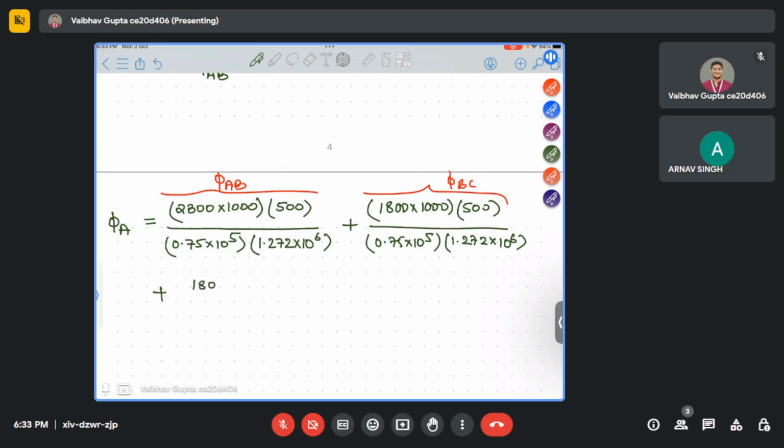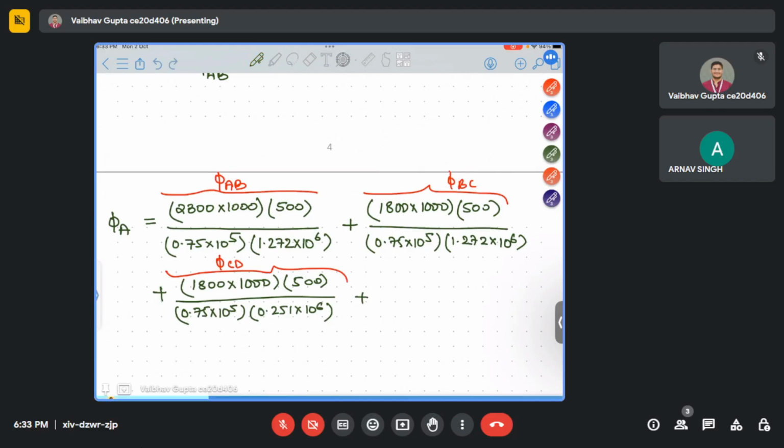Plus now next is phi CD. The same load is there, torque 1800 into 1000. Length is 500. Mu is the same. Now JCD is 0.251 into 10 to the power 6. This is phi CD. And last is phi DE.